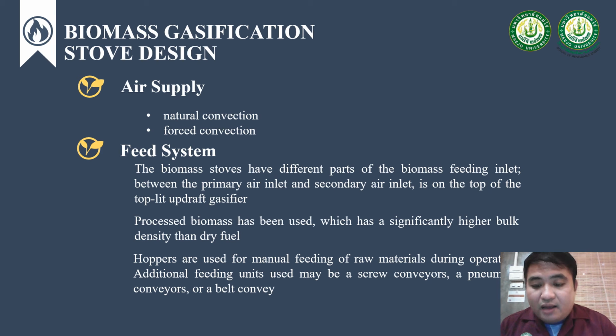Hoppers are used for manual feeding of raw material during operation and additional feeding. Units used may be a screw conveyor, a pneumatic conveyor, or a belt conveyor. Let's move on to the next point.